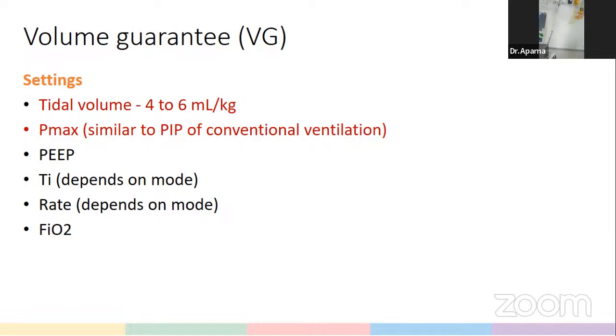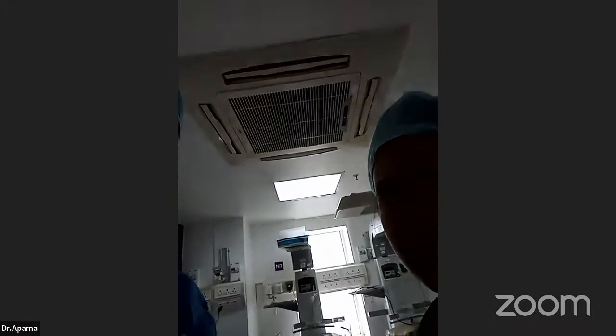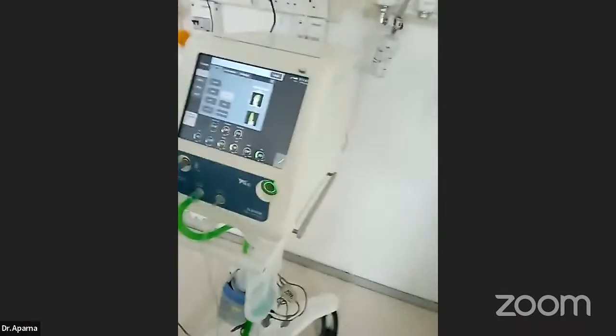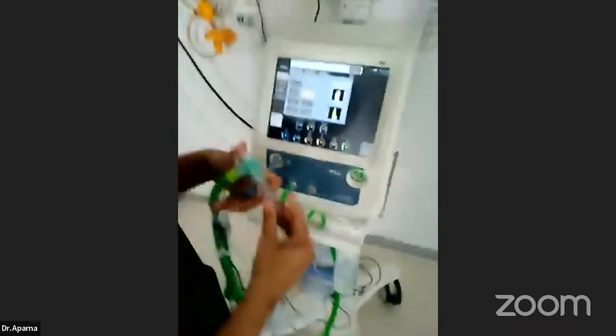So we will have a bedside demonstration of patient triggered mode. I hope the ventilator is clear.